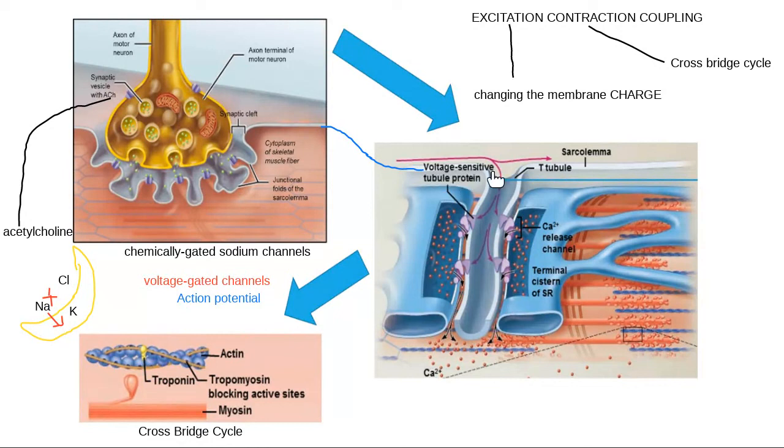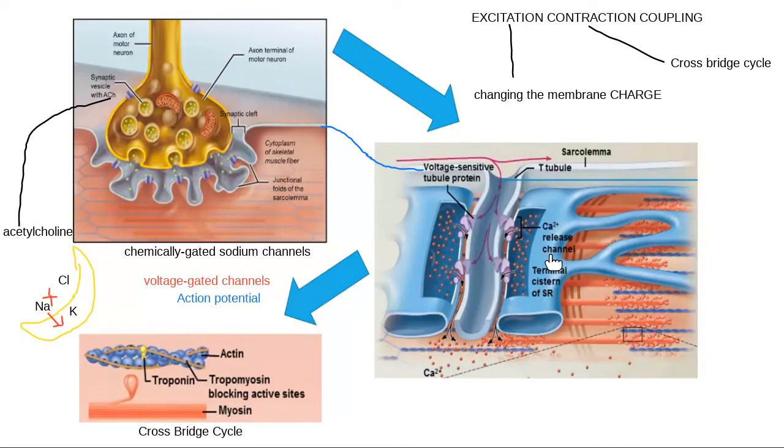Voltage-sensitive means I change my shape when the charge changes. These particular proteins live right next door to the sarcoplasmic reticulum. The sarcoplasmic reticulum, remember, was the place where we stored calcium inside of our muscle cells. On my sarcoplasmic reticulum, I have some release channels.